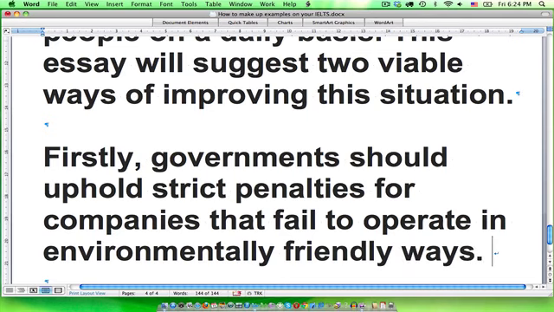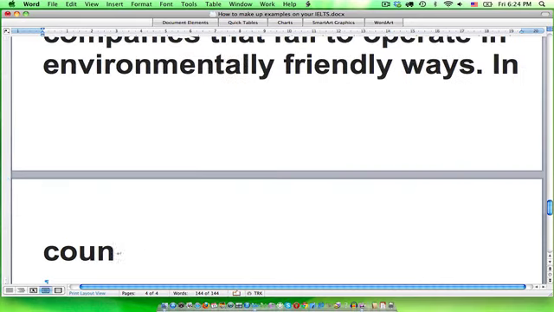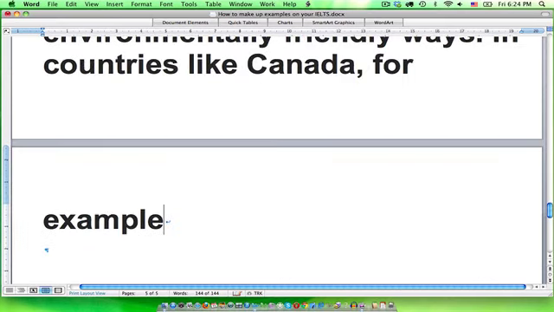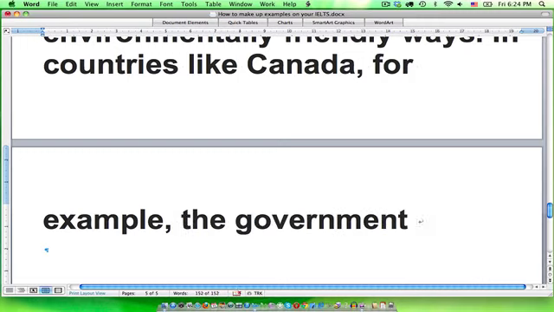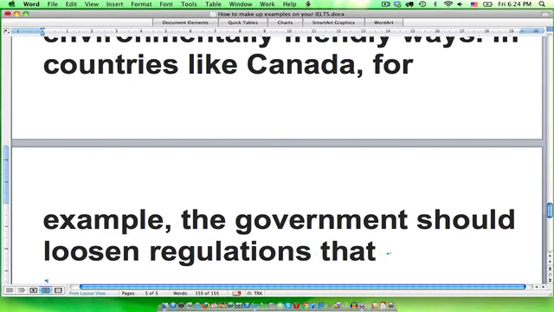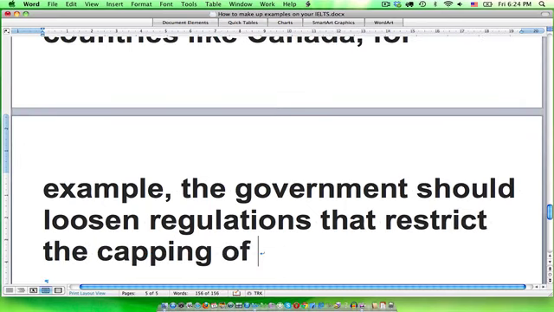Now, as I mentioned, you're going to talk about Canada, and in countries like Canada, for example, please notice my use of commas, the government, let's say, should loosen regulations that restrict the capping of lawsuits, okay?